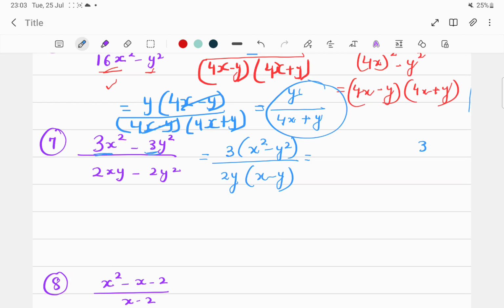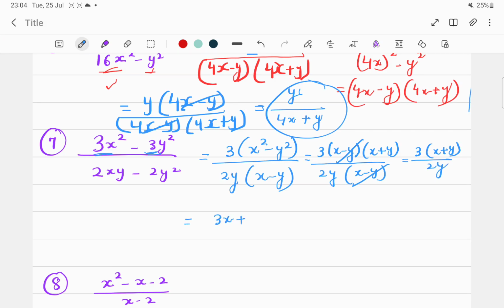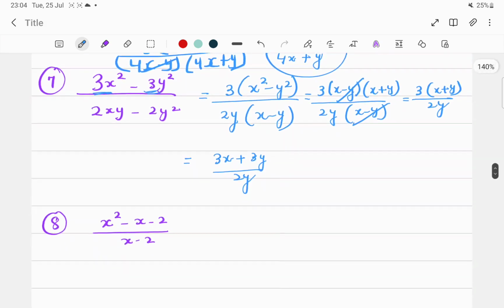Now you can apply the difference of the square of two numbers. So it is (x minus y) and (x plus y) divided by 2 times y, (x minus y). X minus y and x minus y would be cancelled out. So our final answer will be 3 times (x plus y) divided by 2y. If you want, you can write it like this also, 3x plus 3y divided by 2y.